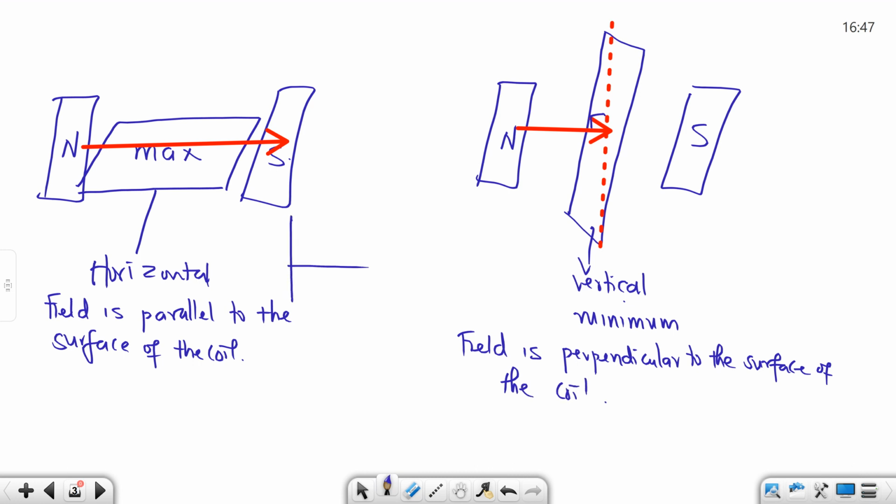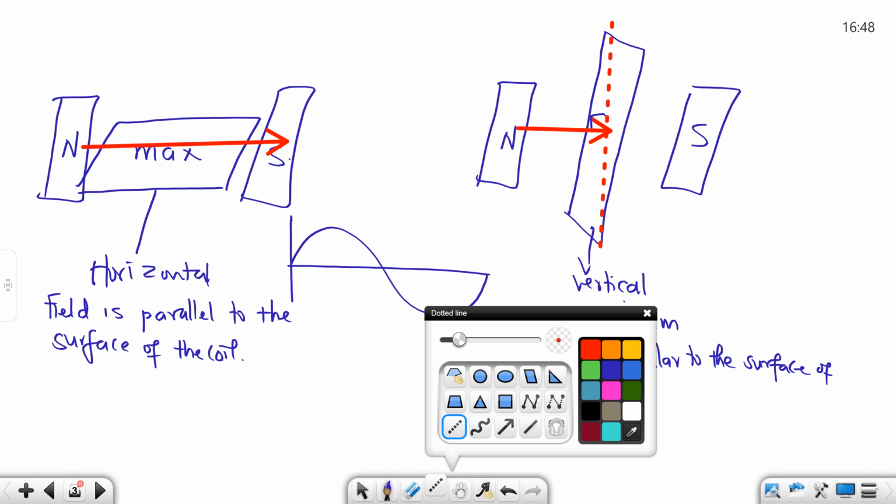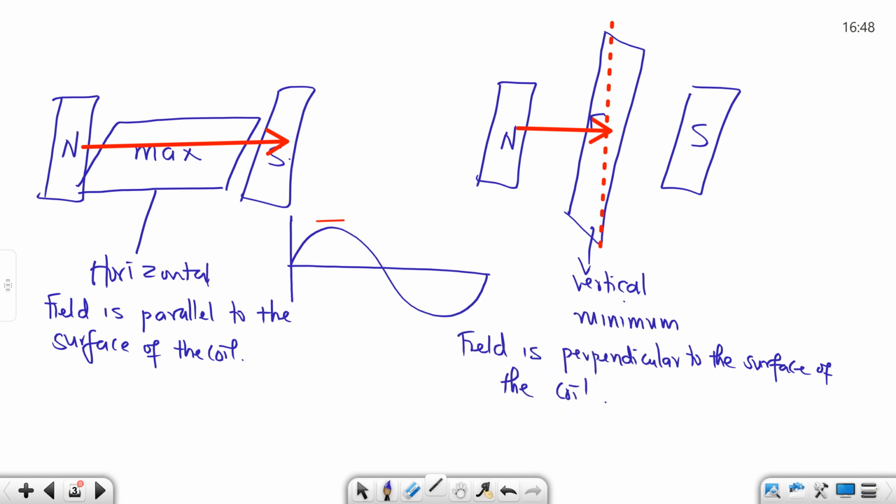I'll draw a simple graph for you, doing a lot of things at once. Okay. When your coil is horizontal, we are going to be there. When your coil is standing here, we're going to be here. When the coil is horizontal again, because it's rotating now, it's going to be a negative and 0. So that's what we have.